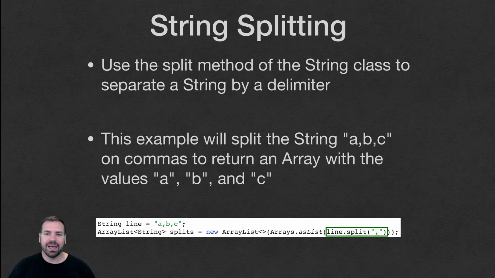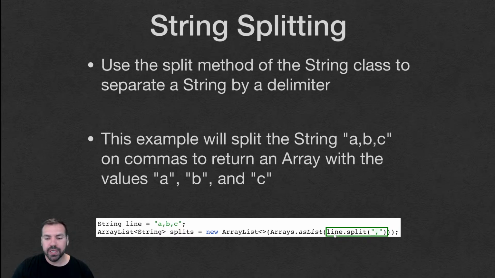So to split a line on commas, pretty simple, at least because you've already done this in 115. And if you came from somewhere else, not 115 at UB, you've probably done the same thing. You've done at least something similar in your CS1 course. We're going to split on commas by just calling the split method.